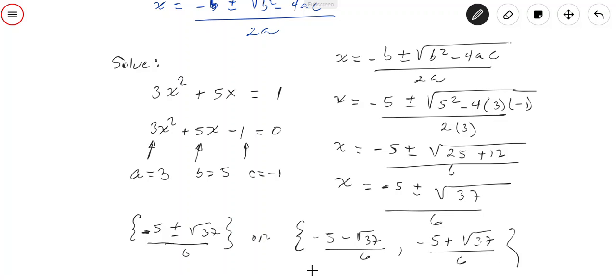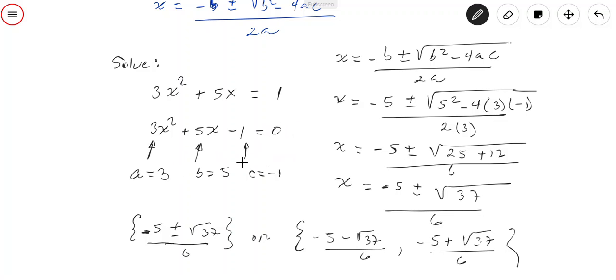The most important thing here is to make sure that your equation is in standard quadratic form. That was the transformation I did from this step to this step: I just subtracted 1 from both sides in order to get my equation in standard quadratic form.